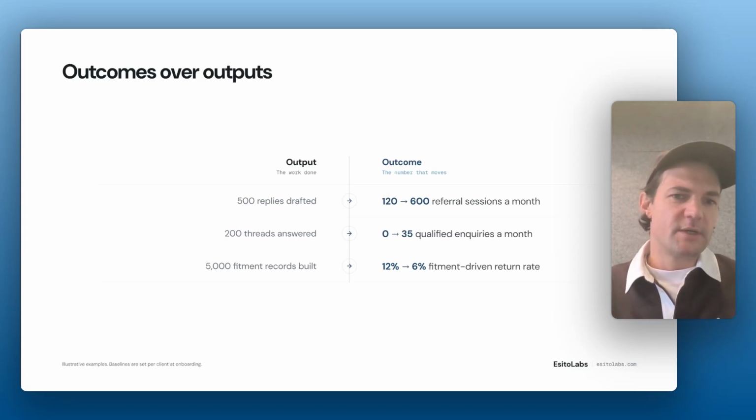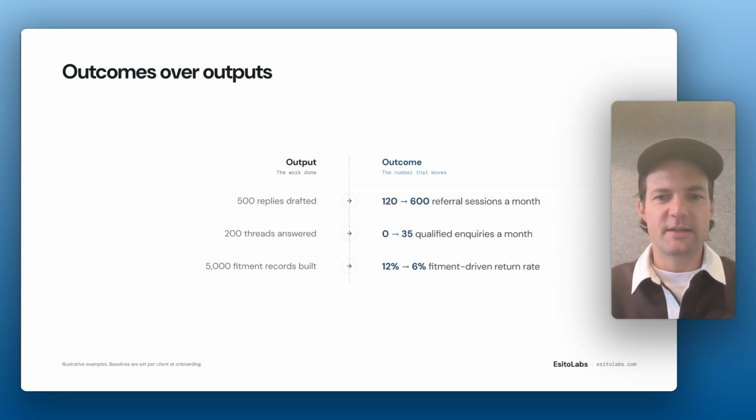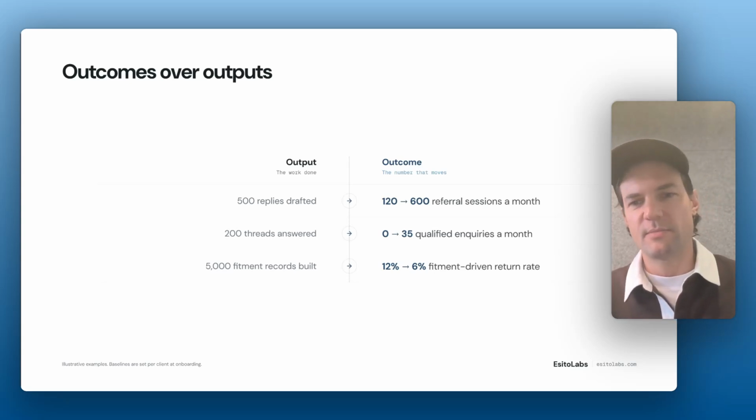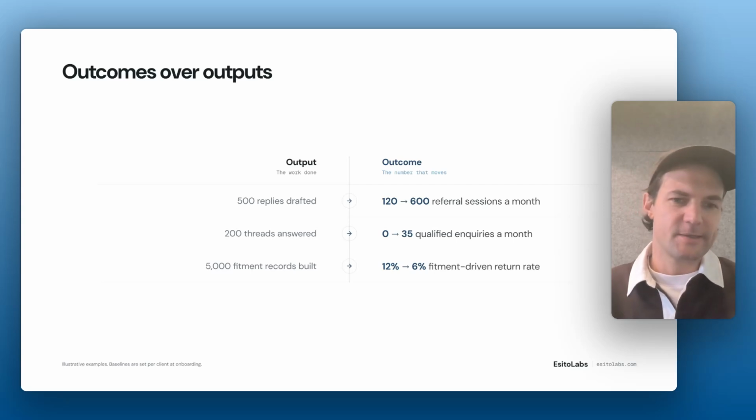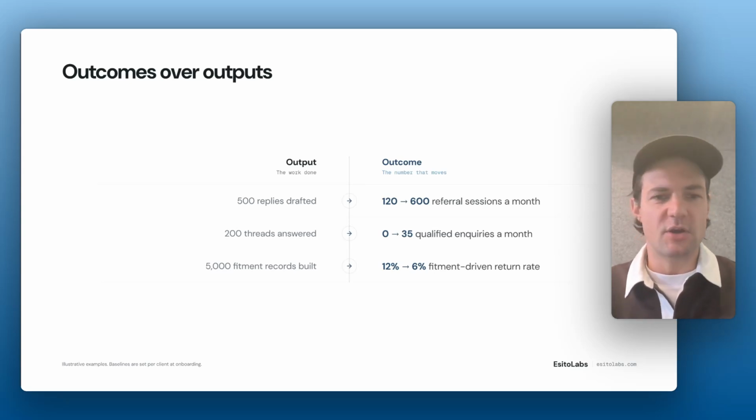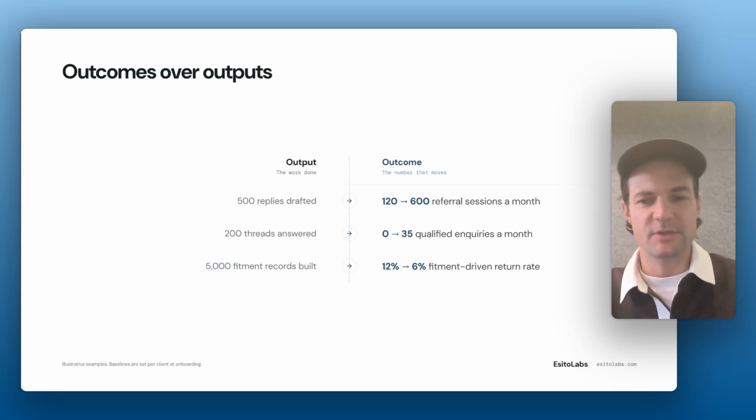Another example: 200 threads answered in Reddit, versus going from 0 to 35 qualified inquiries a month from Reddit. If we expand beyond Reddit, 5,000 fitment records built, or a 12% to 6% reduction in fitment-driven return rate. These are examples of outcomes.